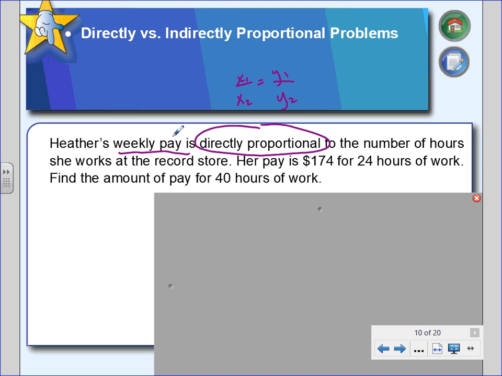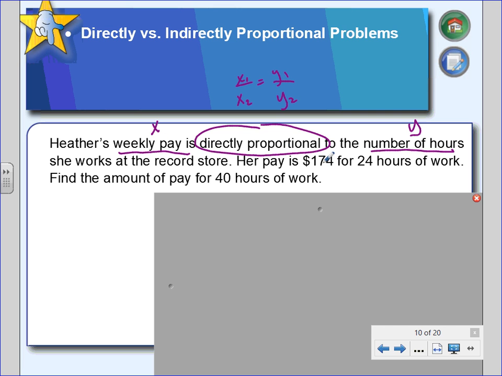So the weekly pay is directly proportional to the number of hours. When you're reading this, the first variable or unit that you read is your x. After the directly proportional, this unit becomes the y. Then if we continue reading, her pay is $174.